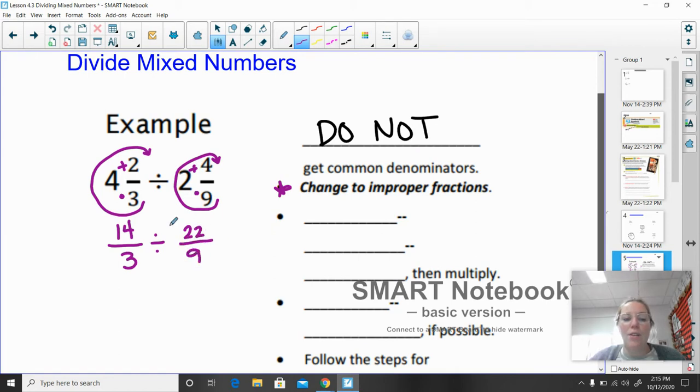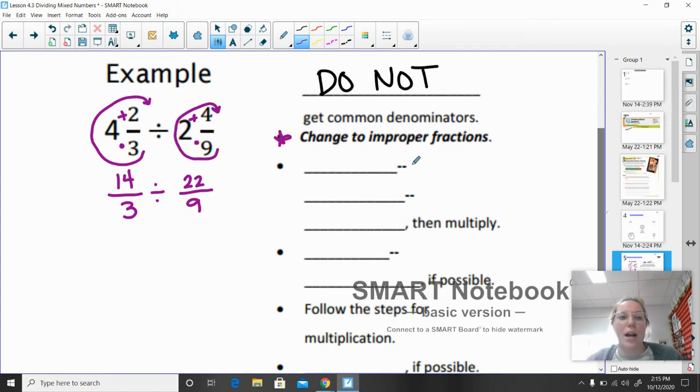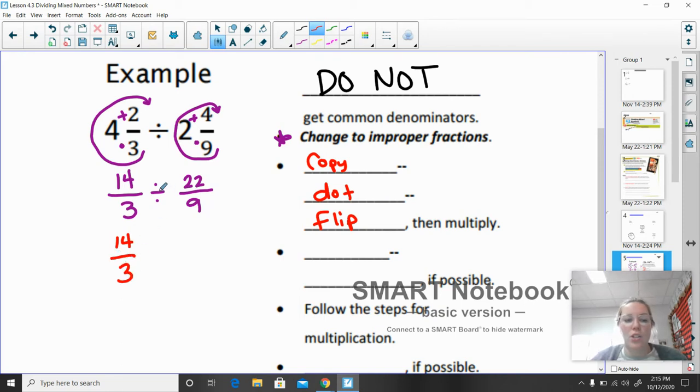Now I have a dividing fraction problem. Now is that step where I am going to copy, dot, flip, and then multiply. So copy down the first one, change my division to multiplication, and flip my second fraction.